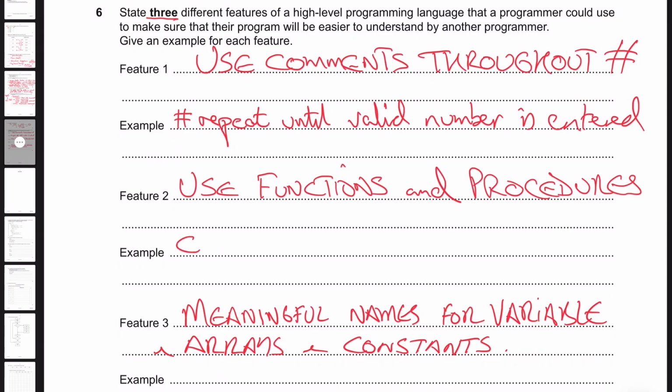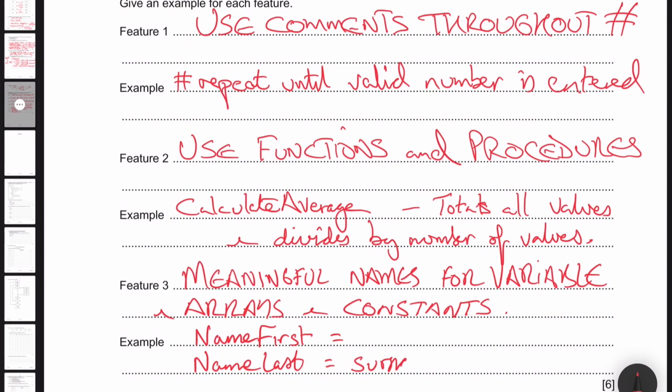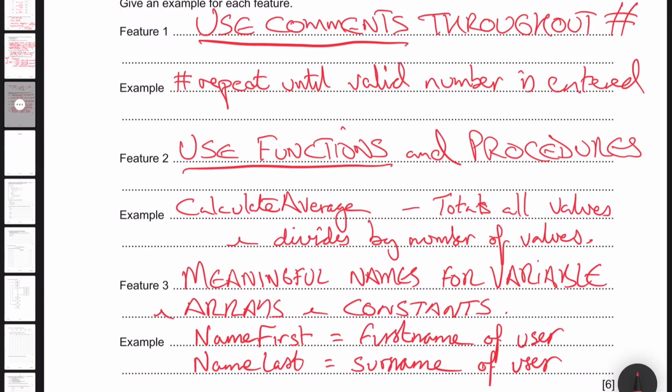We could do calculate average, totals, all values, divides by number of values. And then meaningful names, names equals surname, first name, user. Okay, so that's the sort of thing. So use comments, use functions, and use meaningful names. Okay, so that would be question 6.